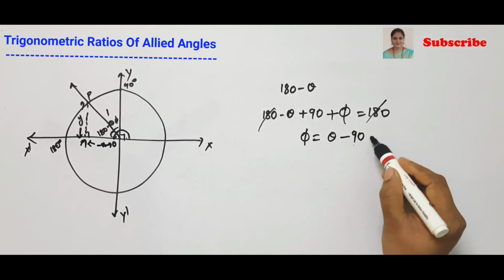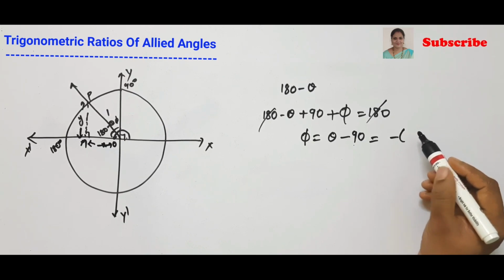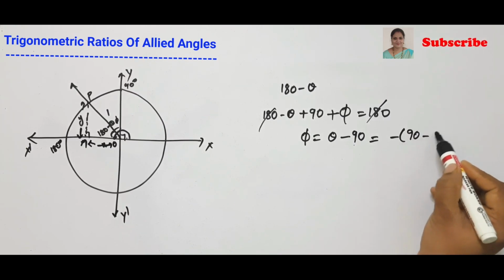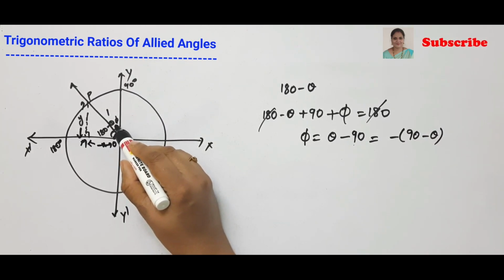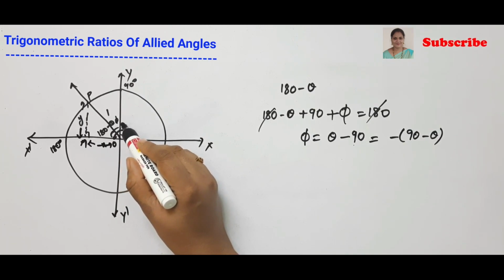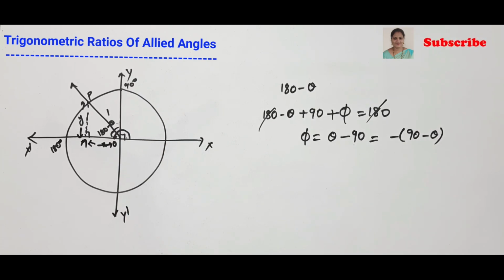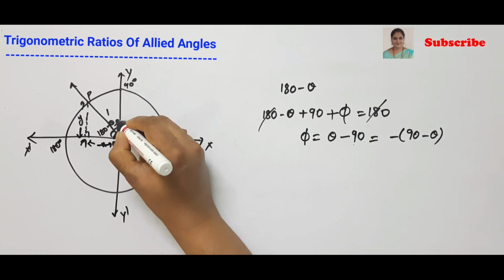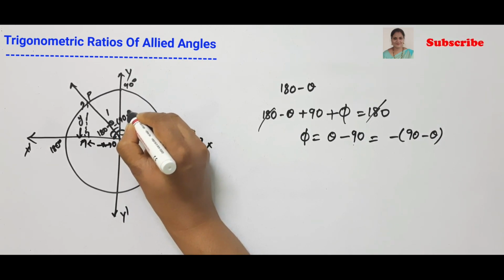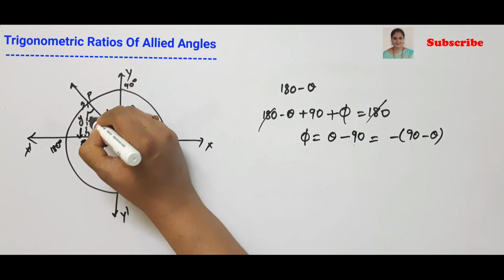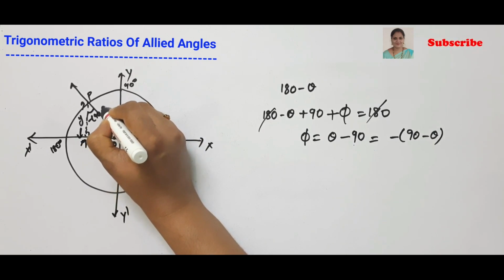This theta minus 90 can be written as minus of 90 minus theta. So the angle here is minus of 90 minus theta. Let us write down here, this is minus of 90 minus theta. The same angle will be here also, minus of 90 minus theta.